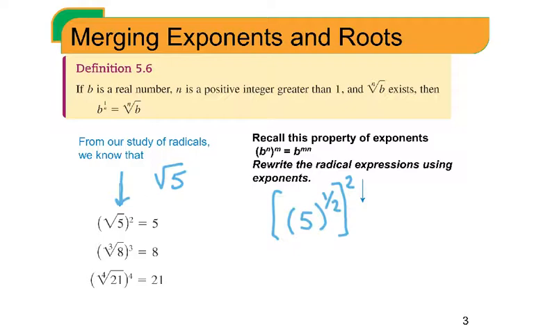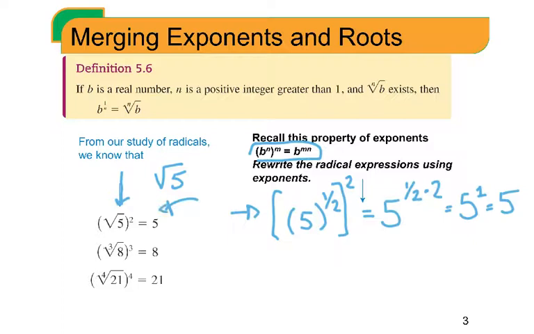And we know this property, that when we have a power raised to a power, we simply multiply the powers. Well, what is 1/2 times 2? That equals 1, which is 5. And to me, this is easier to see over here than it is over here. This is clear. It's just the rules of exponents now.